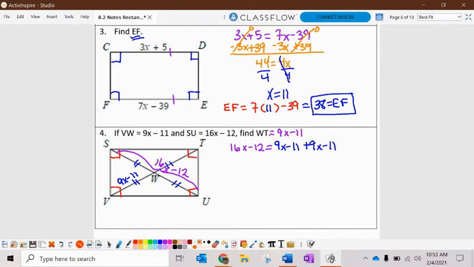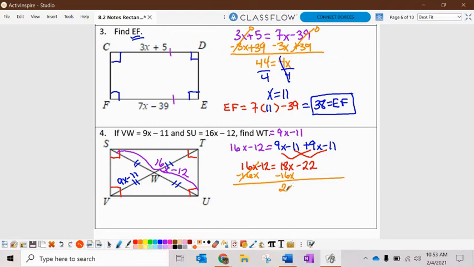So this is my equation that's true. That whole big diagonal is made up of 2 of the little pieces. All right, so I'm going to combine like terms. 9x and 9x gives me 18x. Negative 11 and negative 11 gives me negative 22 equals 16x minus 12. I'm going to gather x's to one side, so I'll subtract 16x from both sides.